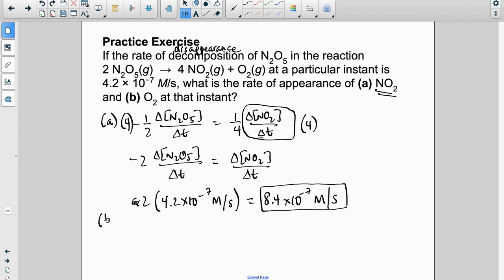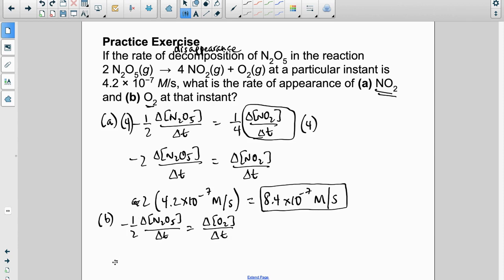And the same thing can be done for the O2 concentration, the O2 rate of appearance. So here now we can see that the 1/2 times the rate of N2O5 disappearing is related directly to the rate of O2 gas appearing.